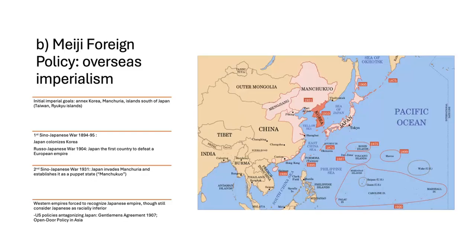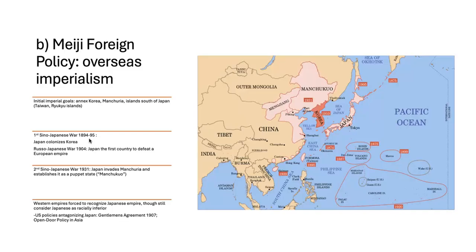Okay, so we see this actually in effect, that is to say, the attempt to annex Korea, happening with what's called here on the slide the First Sino-Japanese War between China and Japan. It breaks out in 1894 and lasts about a year. And this was fought again over the right to annex Korea.